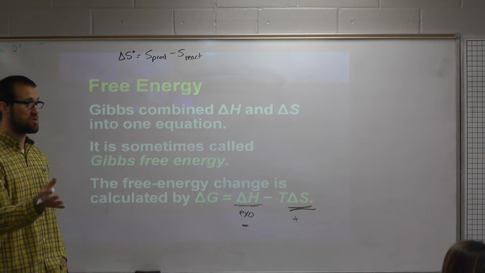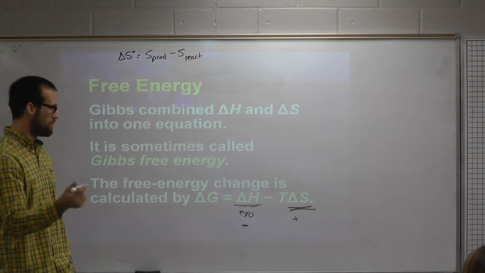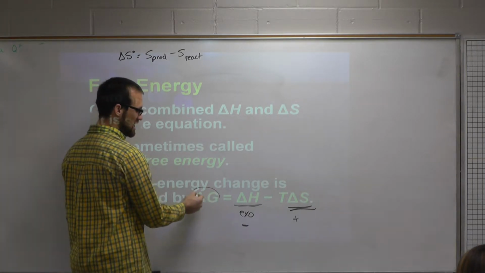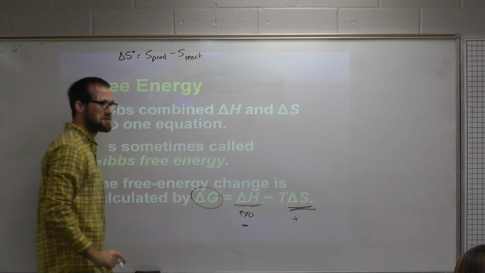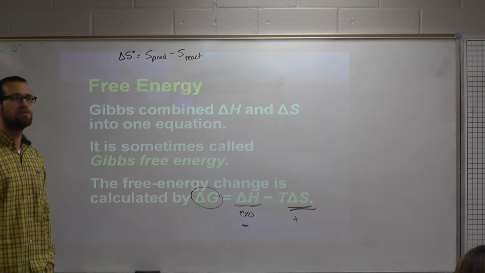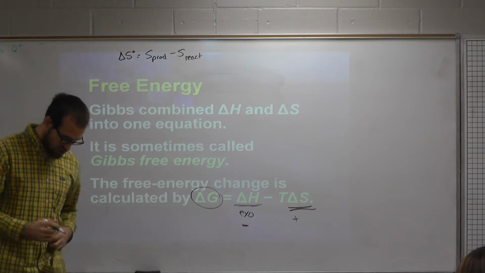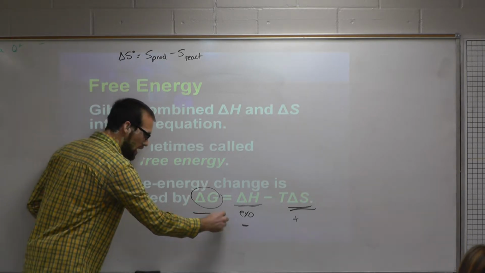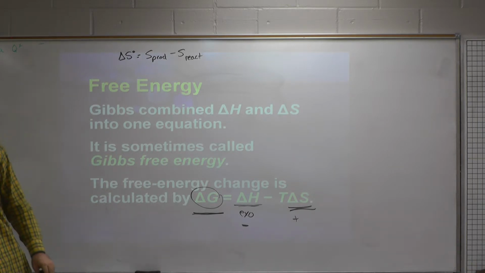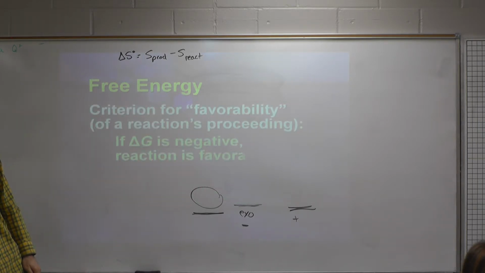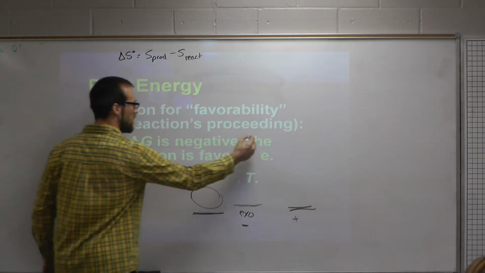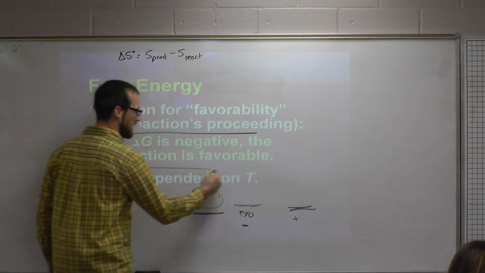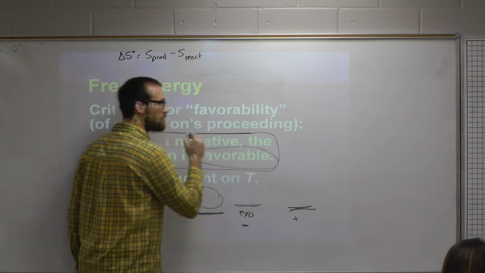And we said those are the two things that make it favorable. But what's the sign of G going to be if you have a negative change in H and a positive change in S? It will be negative. So, if we do a Gibbs equation and we get a negative change in G, we know that the reaction is favorable.